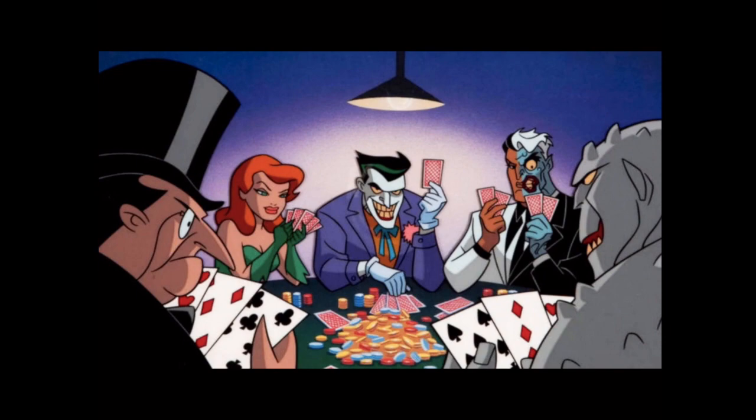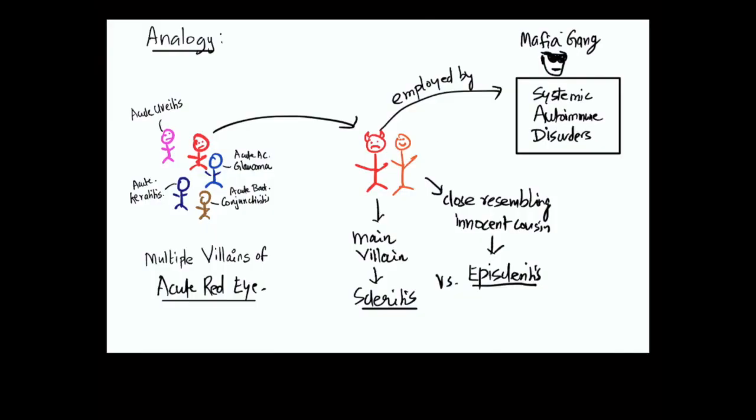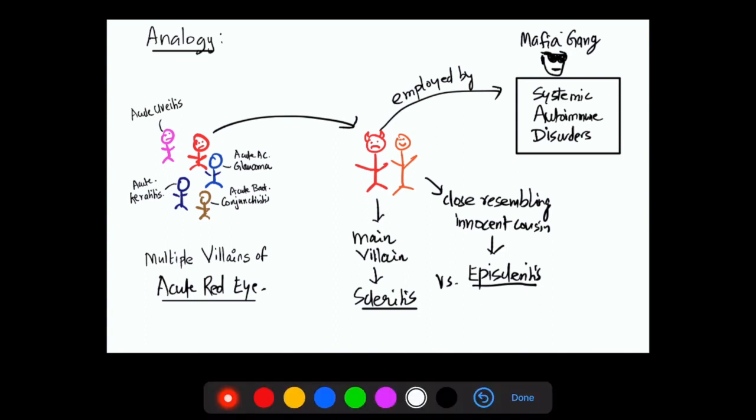In our case, it's going to be scleritis. So the analogy is this. You can see that there are many villains of acute red eye: an acute uveitis, a keratitis, an angle closure glaucoma, an acute conjunctivitis. But of them, this guy is our villain. So picking him out of this lot is the first challenge.